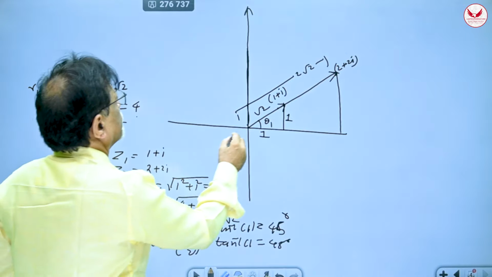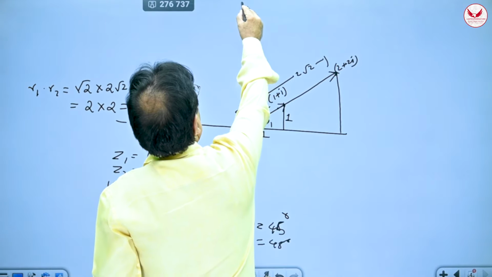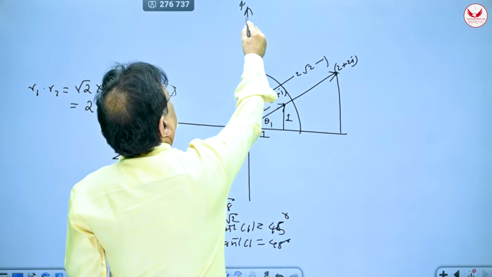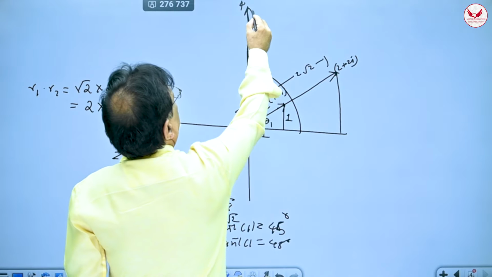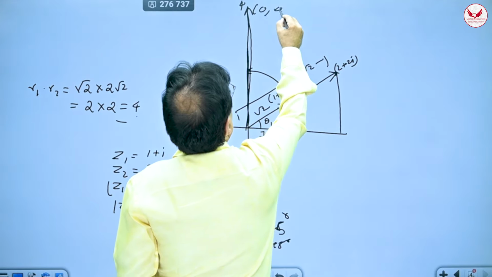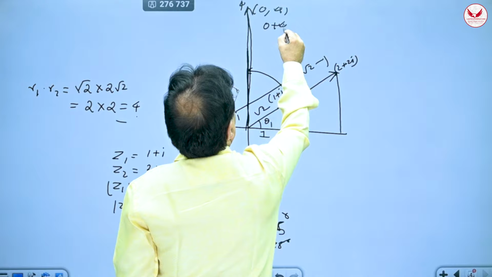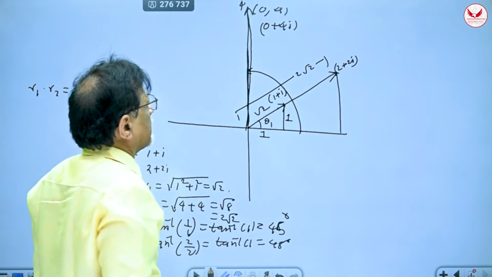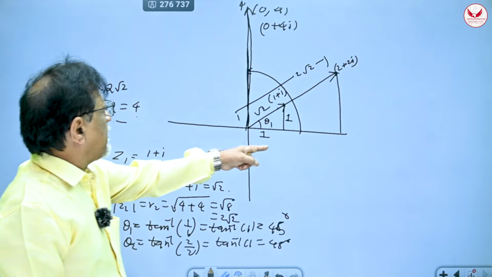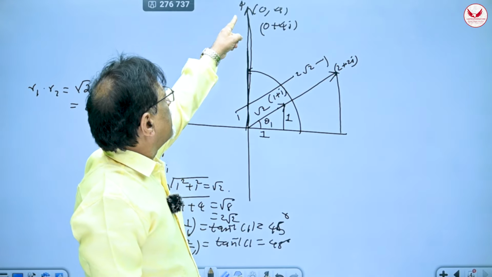Therefore it will be of length 4, and the angle will be 90 degrees. So which vector is this? It is (0, 4), that means 0 plus 4i, because it makes an angle of 90 degrees and its length is 4.